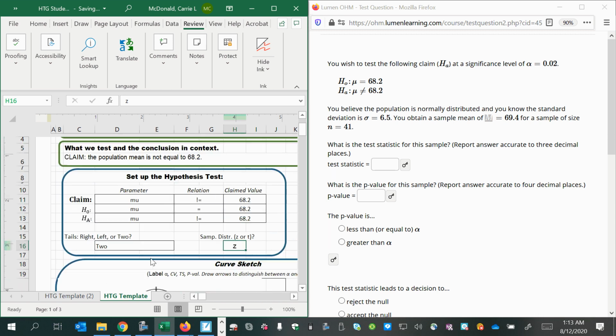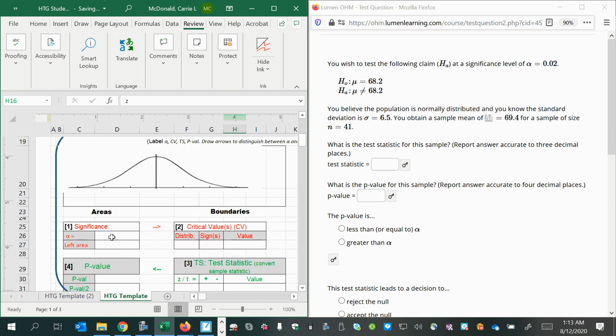Now we're doing a two-tailed test with a level of significance given as 0.02. And since it's two-tailed, that means the left area will be half of that amount. So let's go ahead and divide that in half. And then we can find the boundary for the critical region. We'll have two boundaries, and they're going to both be z-scores.